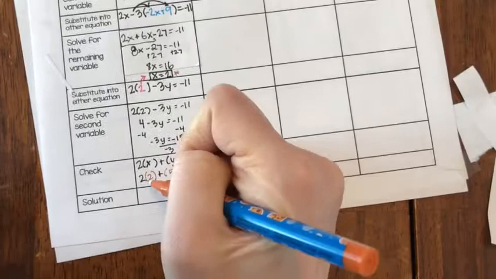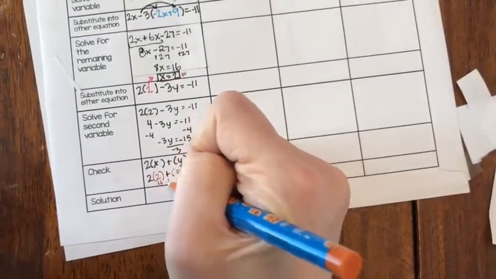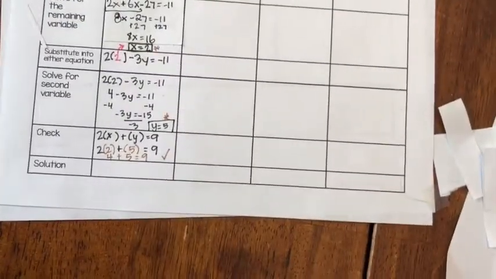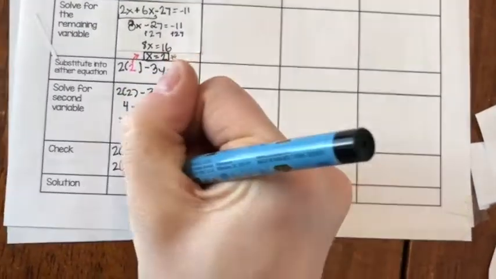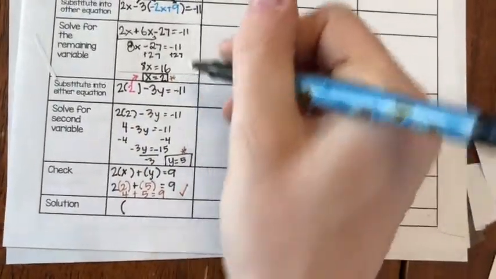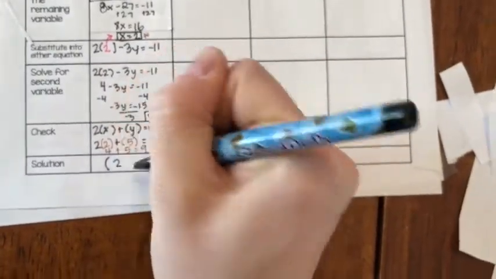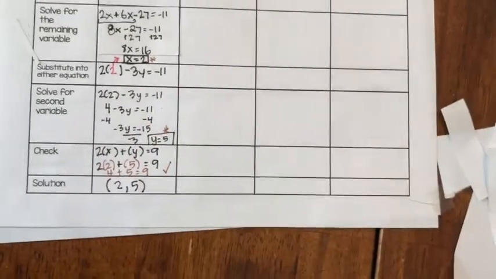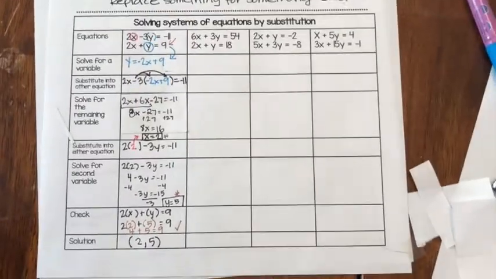So when I simplify, 2 times 2 is 4 plus 5. Does that equal 9? Yes. So then our final solution, the way that we write it, is in an ordered pair, and we put it in x, y. So we say (2, 5). So there you go.